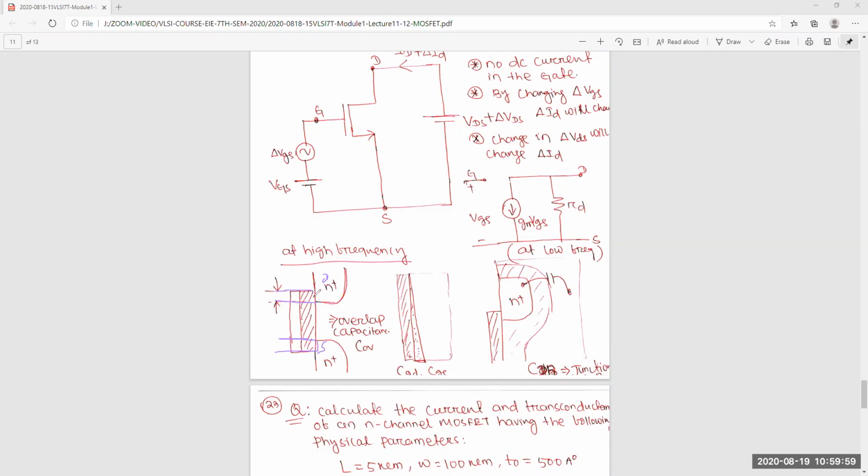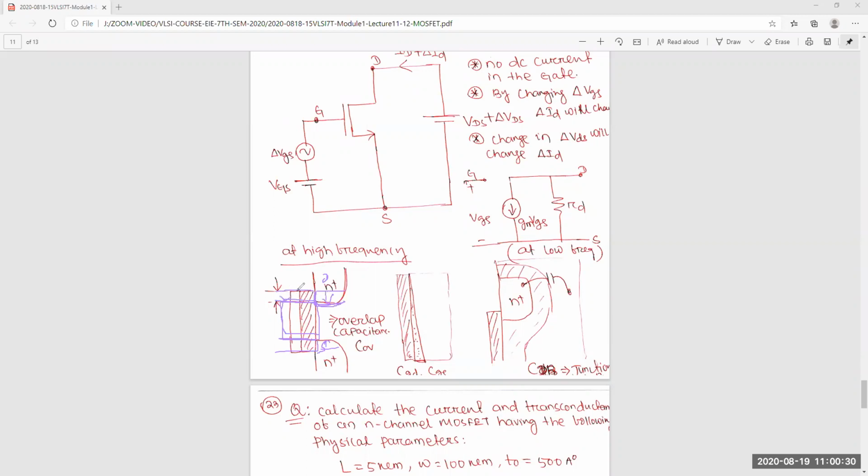Actually the channel should be this, but during fabrication this diffusion region extends below the oxide region. This amount extends during fabrication, so there is some overlap region. This part is the overlap region.